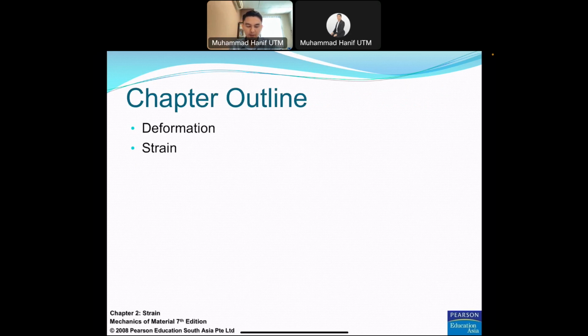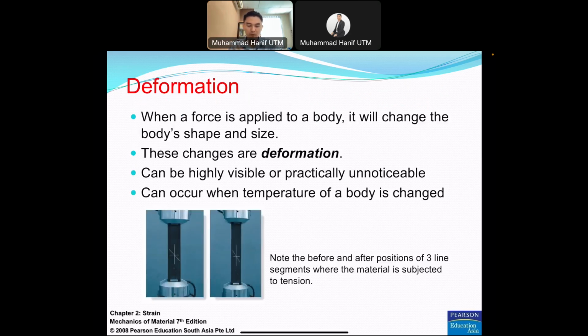This is the chapter outline. Deformation and strain is the main subtopic that you will learn. We move to deformation. If you still remember, during my first lecture, I showed a rigid body.